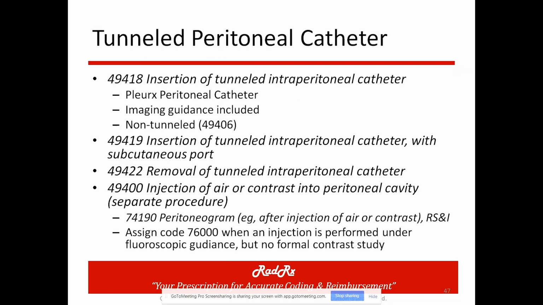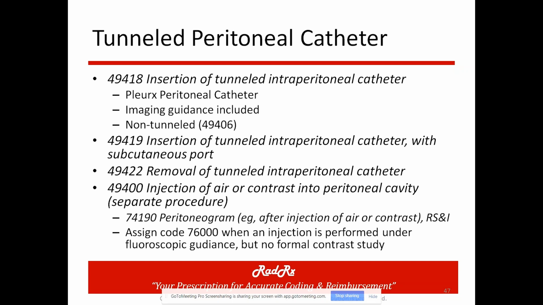So just a few moments ago, I told you the code that you would use for a non-tunneled peritoneal catheter, that would be CPT code 49406. We have different codes for tunneled peritoneal catheters, which are listed for you here. 49418 is going to be for the insertion of that tunneled intraperitoneal catheter. And then these are called Pleurex peritoneal catheters.